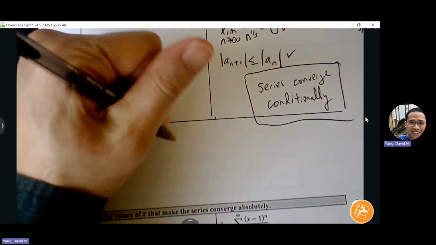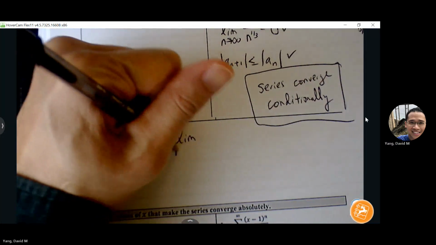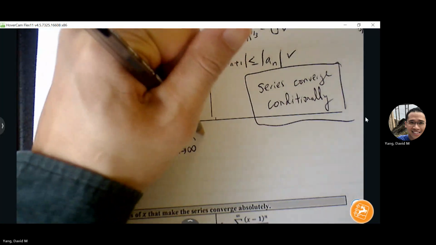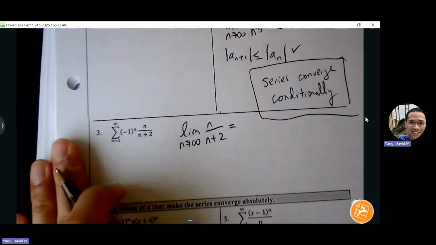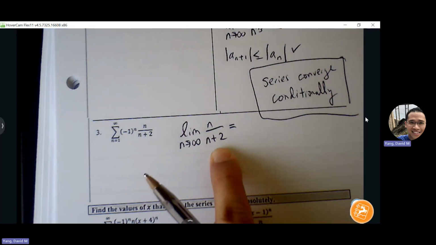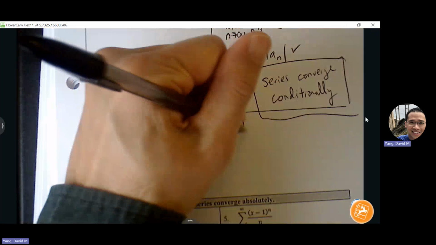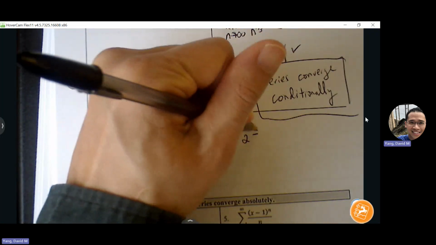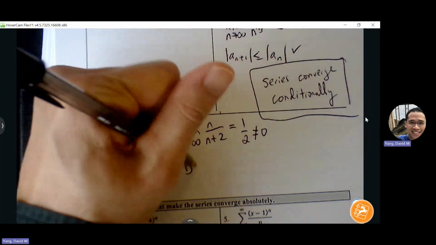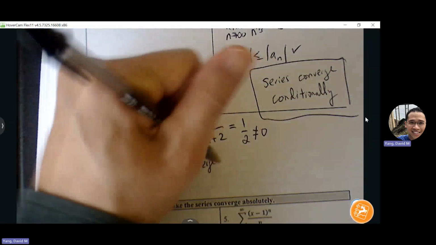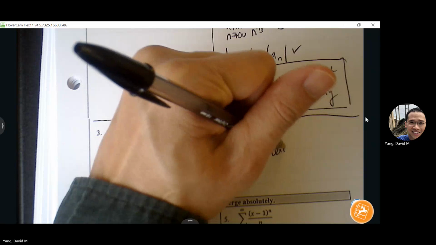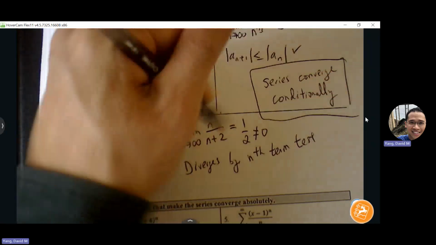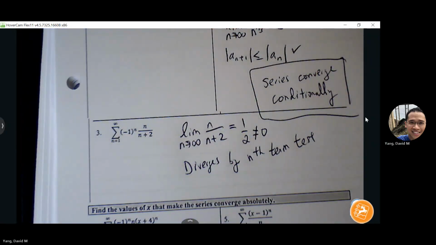First things first, let's just look at the rule of sequence without the alternator. What does this give us? What does that tell us? It diverges by the nth term test. Sorry, just one, my bad.